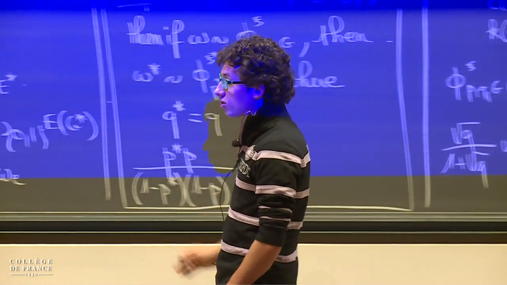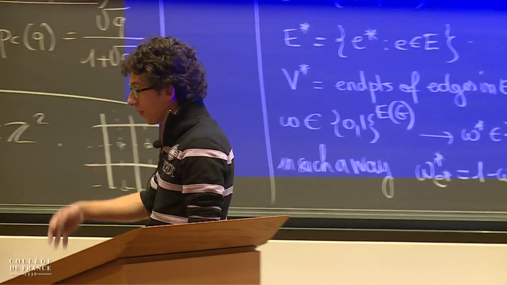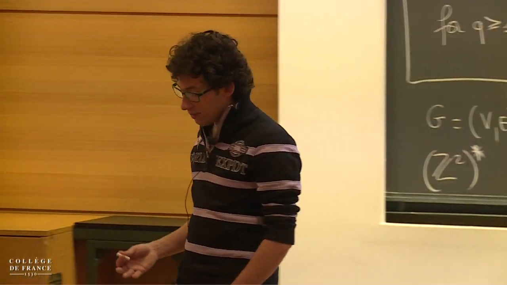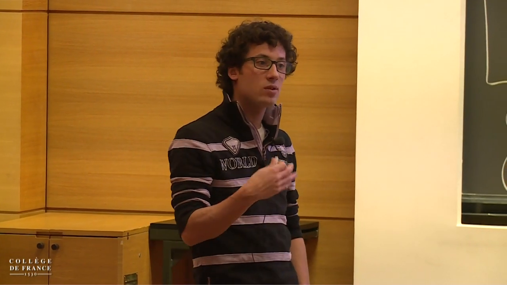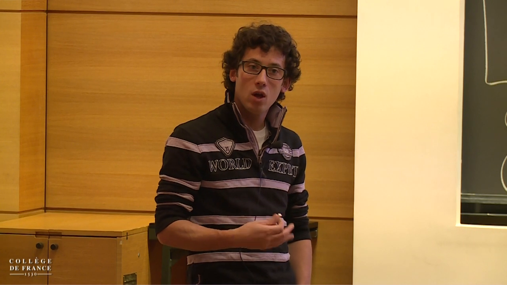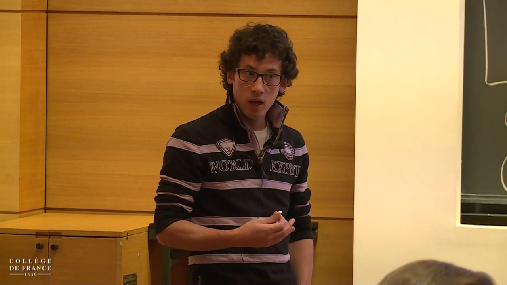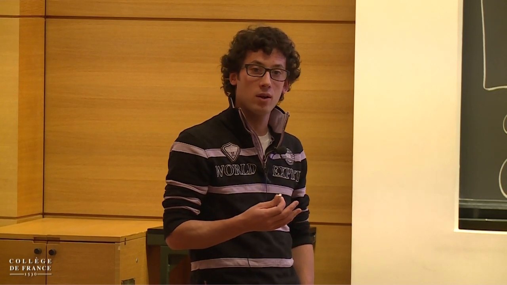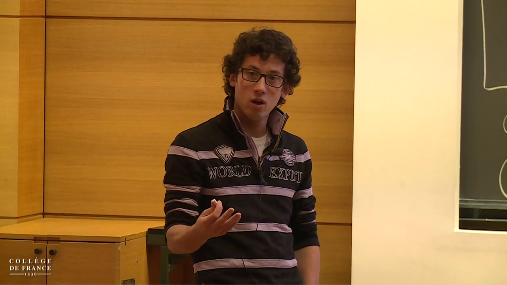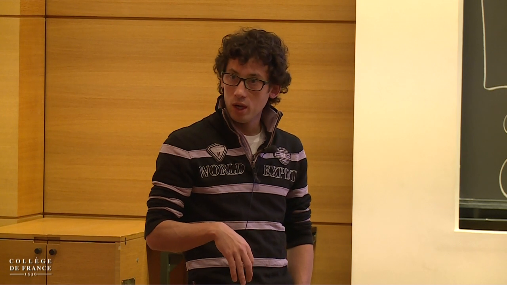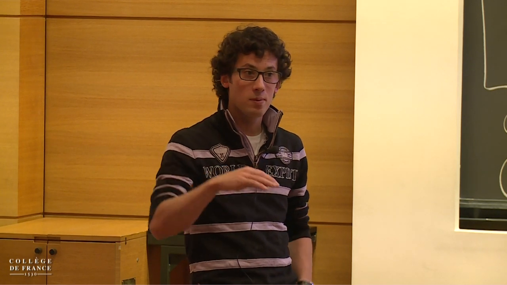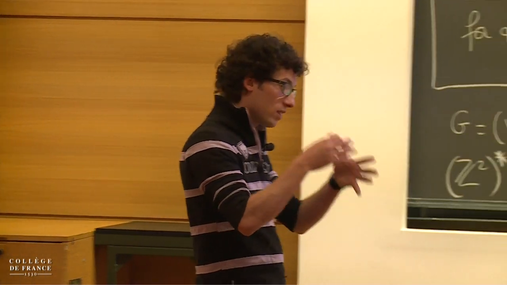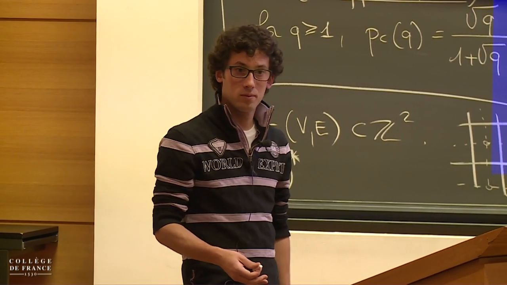And then, well, the proof that you did for percolation, the strategy is the same. So what you're going to first do is prove that at the self-dual point, you cannot have an infinite cluster. And this is going to be basically Zhang's argument, the argument that we described for Bernoulli percolation, that if you have an infinite cluster, you have one in the dual, and then you can construct with positive probability two infinite clusters.